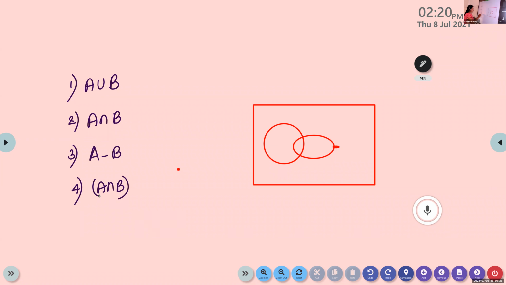Ma'am, can you repeat the question? Okay, I'll write it on the board. From the adjoining figure, or you can write this from the figure. From the figure given below, determine the following.